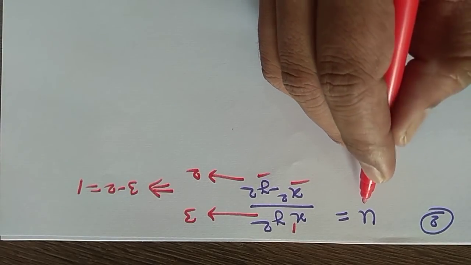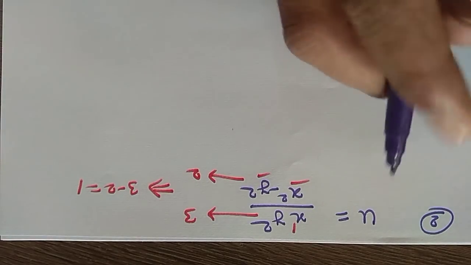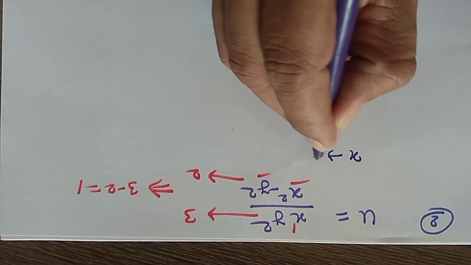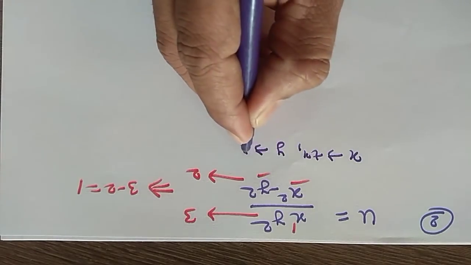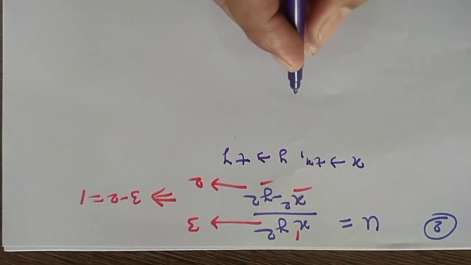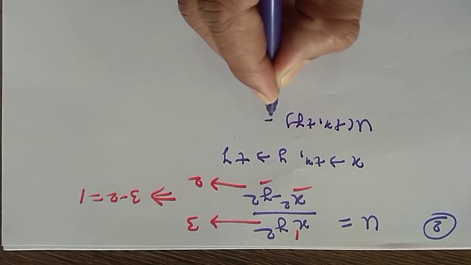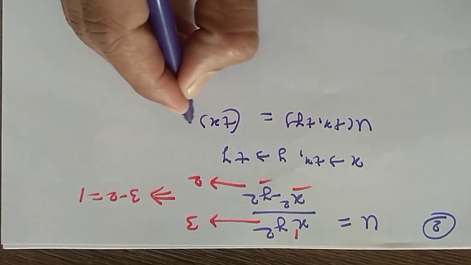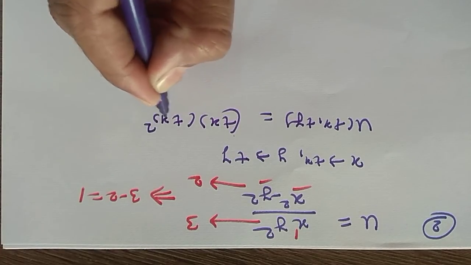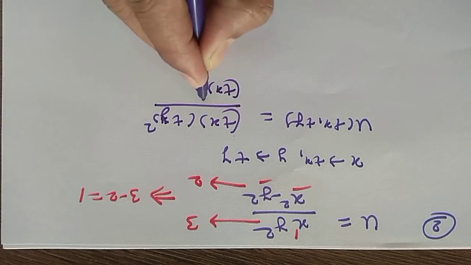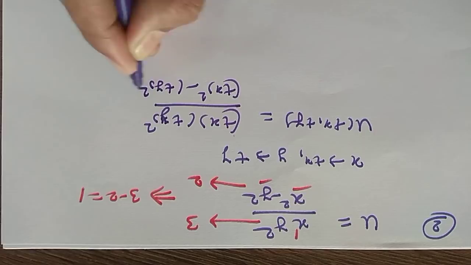Now again we will check this degree by using our method. I am replacing x by tx and y by ty. Then we get u of tx, ty is equal to tx into (ty) square divided by (tx) square minus (ty) square.